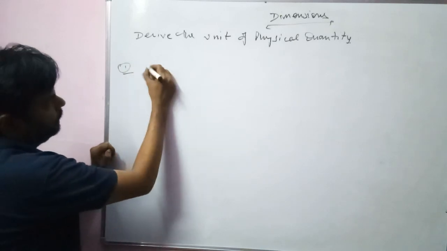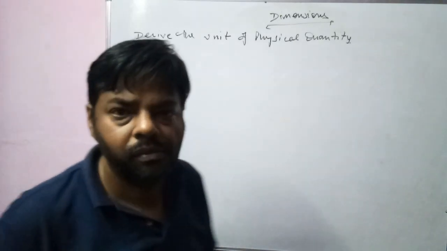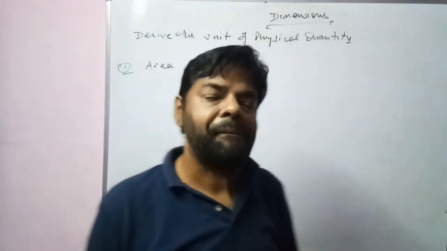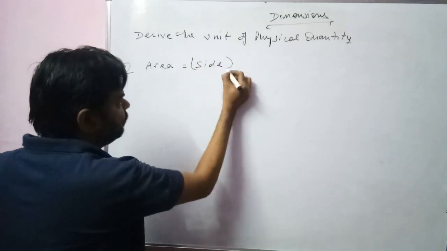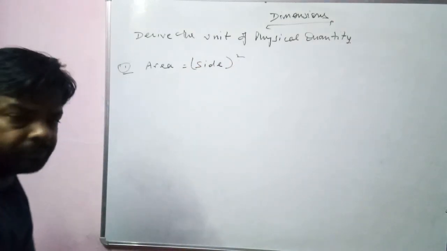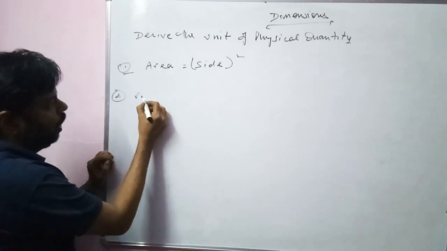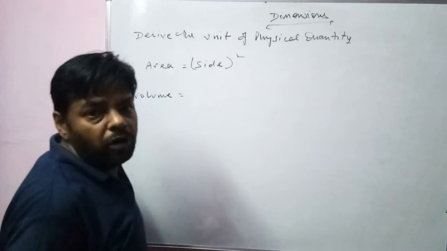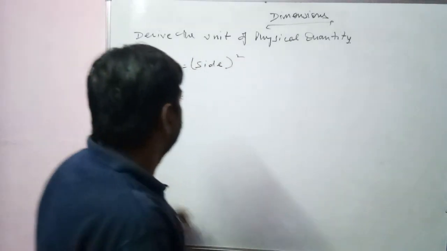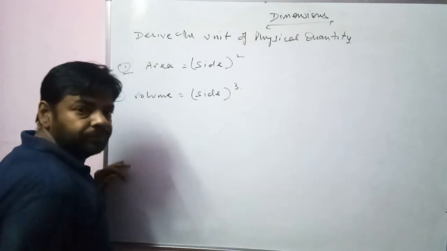First one is say area. Now, sirs, area of the square is written as side square. Got it? Then, second, volume. Volume of a cube is again written as side cube.